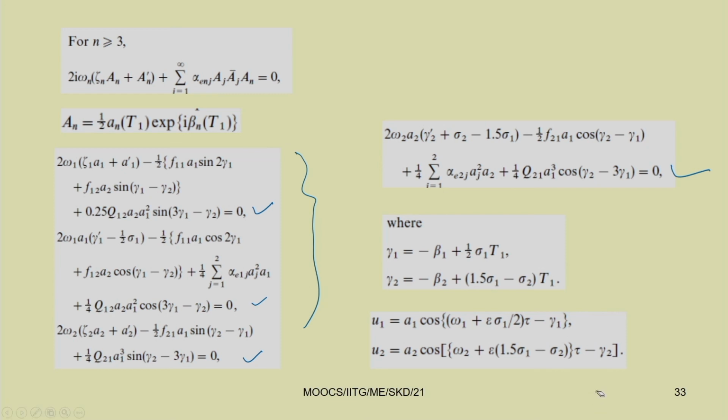You can see another paper by Zavodney and Nayfeh, where they considered the same system using a single mode approximation, and here we have taken a 2 mode approximation, and that is why we have 4 equations and they have 2 equations, and the solution can be written in this form.